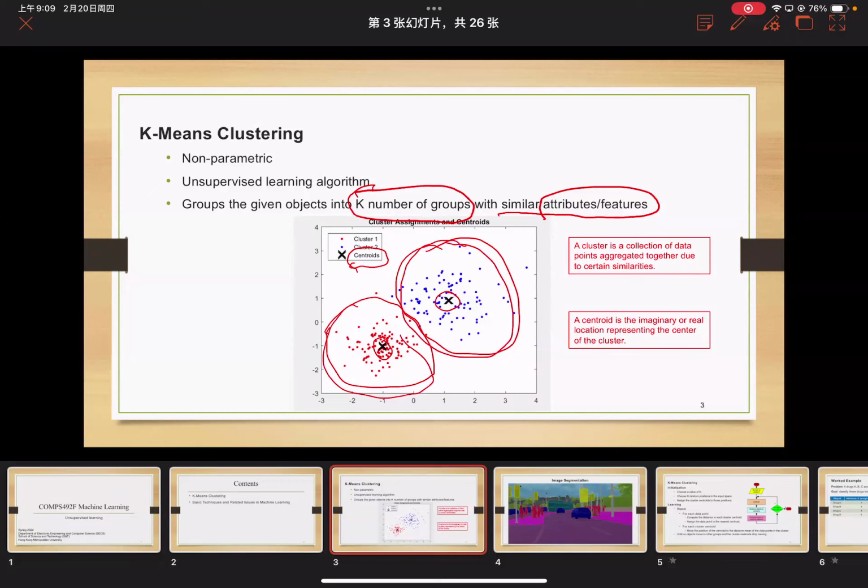We call them clusters. So what k-means is doing is clustering: grouping the data into different clusters based on the centroid. This is an imaginary or real location representing the center of the cluster. This is called the centroid, the center of the cluster or of the group.